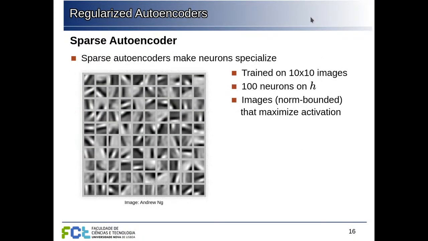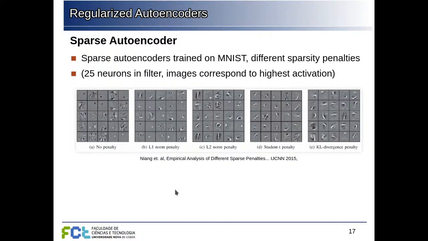So you can see in this paper there was an experiment with MNIST using different types of regularization for creating this sparse autoencoder. If there is no penalty, we don't see anything interesting in these neurons in the hidden layer representation because they basically are not specialized for anything specifically and are just trying to find patterns that help minimize the reconstruction error.